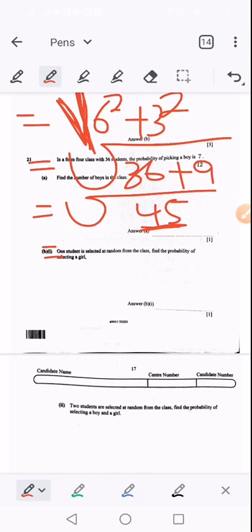One of them should have an exact square root. It's root 9 times root 5. So we get 9 times 5, which is 45.